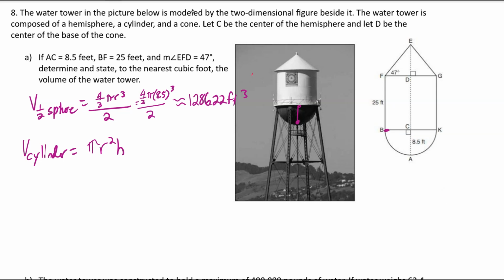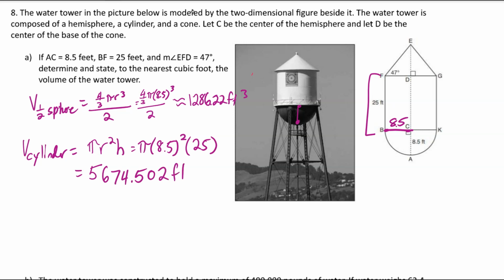So the radius BC, picture if you swing AC up that way, would also be 8.5. So pi times the radius of 8.5 squared times the height of the cylinder, which is 25 feet. The volume of the cylinder, again, if I type this straight into my calculator, is about 5,674.502 cubic feet.